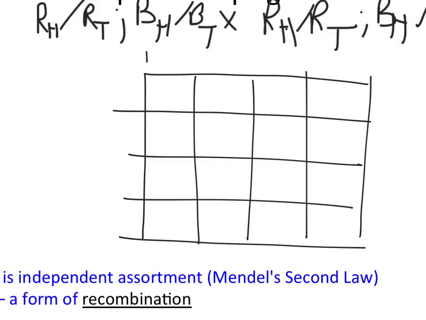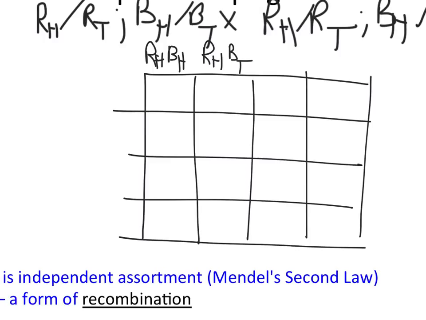So if we put red heads, we've got a gamete that has the red heads allele. You could have the blue heads allele, or red heads could go with blue tails. We're just predicting the outcomes of our flips when we flip our coins. What's the probability that he flips blue tails and red heads and I flip red tails and blue heads?